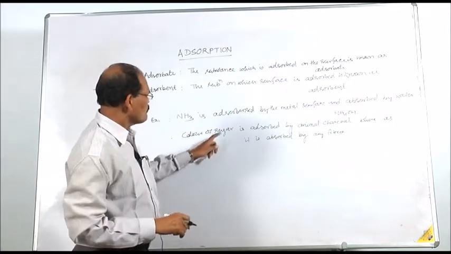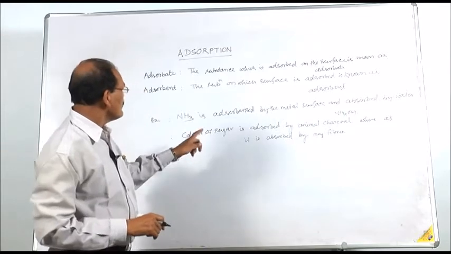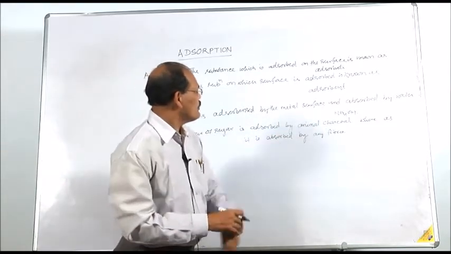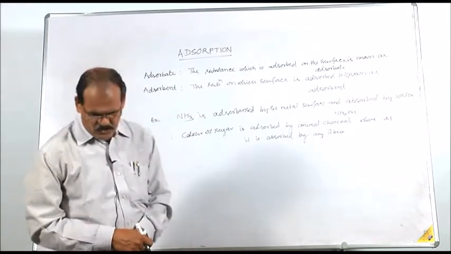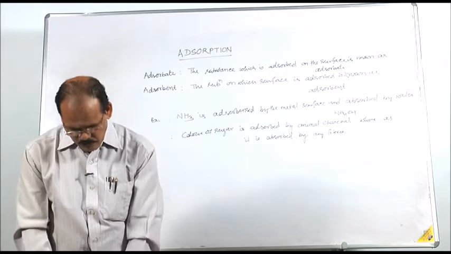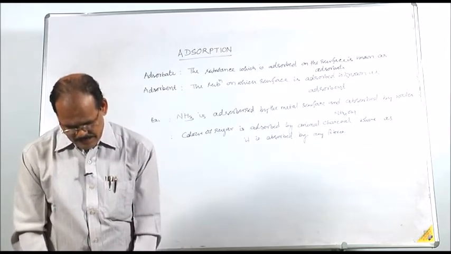So color of sugar is the adsorbate and the animal charcoal is the adsorbent. In this way we will differentiate the two, adsorbate and adsorbent.